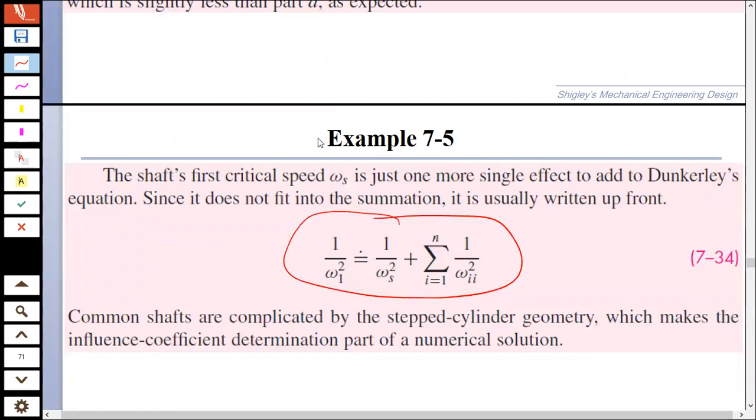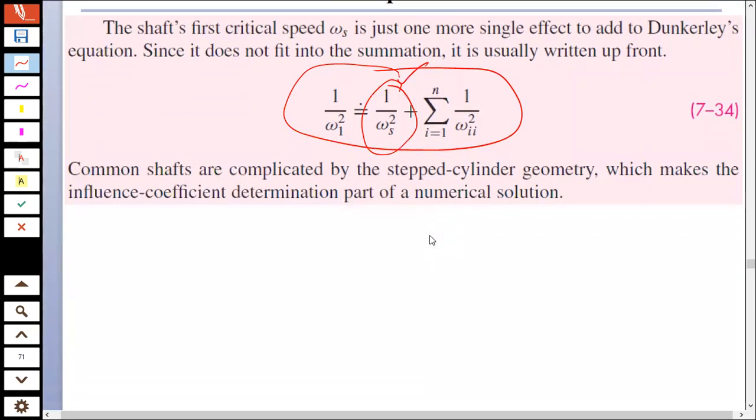So go ahead and look at that, how we do it. Since the equation does not fit into the summation, it is usually written up front. So generally we added this part up in the summation. Okay.